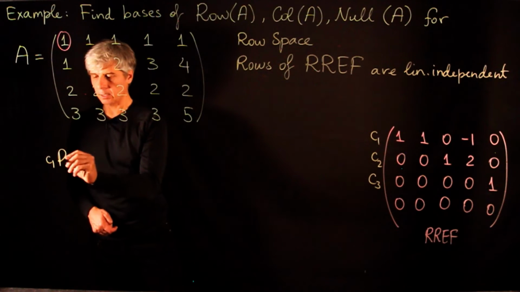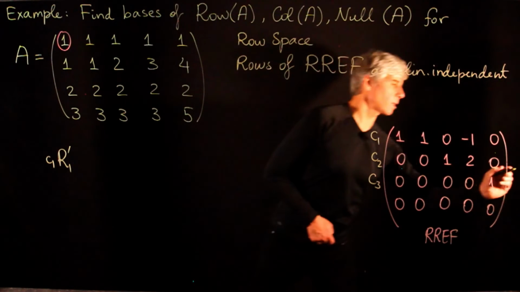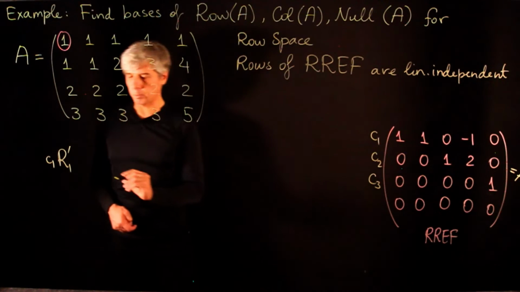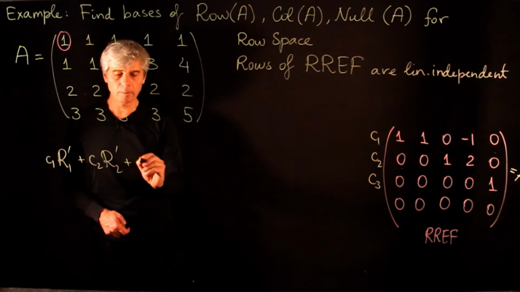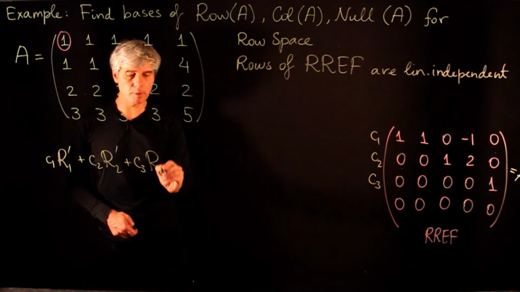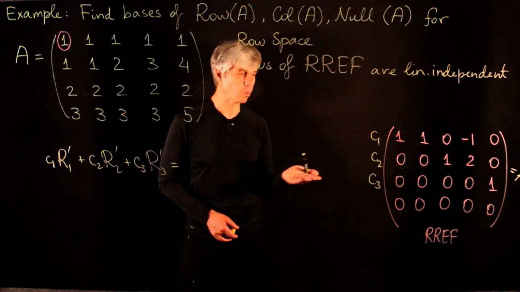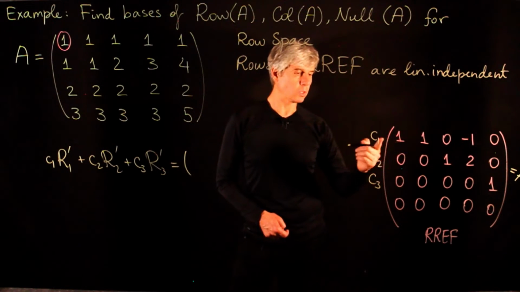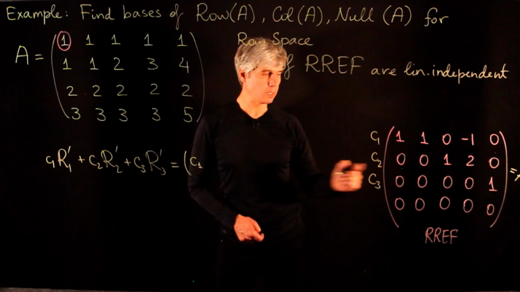We take C1 times row 1 prime, because let's think that this is A prime and this is A, plus C2 times row 2 prime plus C3 times row 3 prime. A linear combination of 3 rows is going to be a row. The first entry of this row is going to be C1, because we have zeros here.